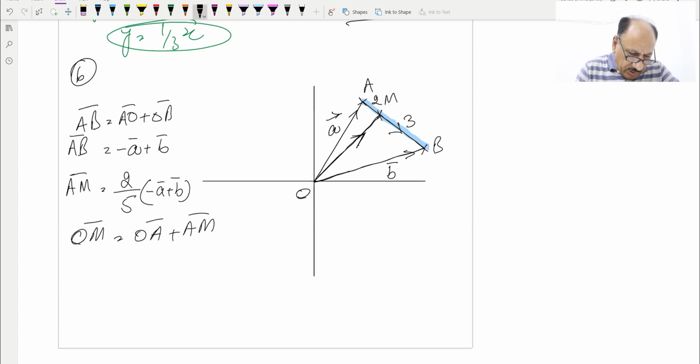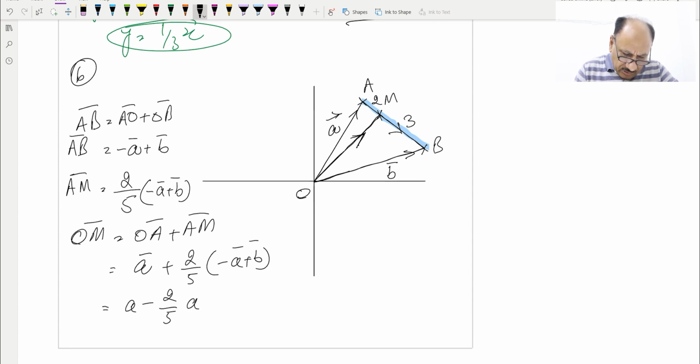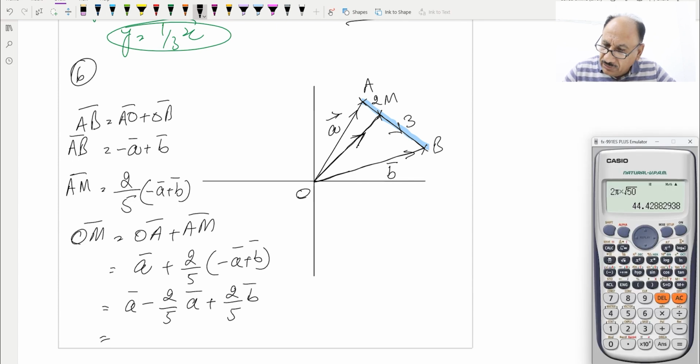We have OA is A vector, and AM we just calculated, which is 2 by 5 of minus A plus B, and then we can simplify, and this will be A minus 2 by 5 A plus 2 by 5 of B, and 1 minus 2 by 5 will be what? 1 minus 2 over 5 will be equal to 3 by 5.